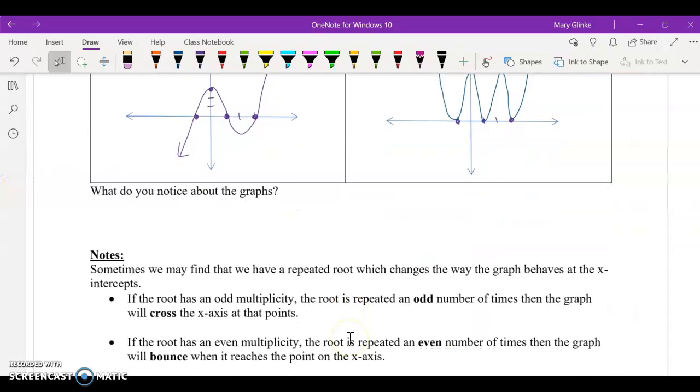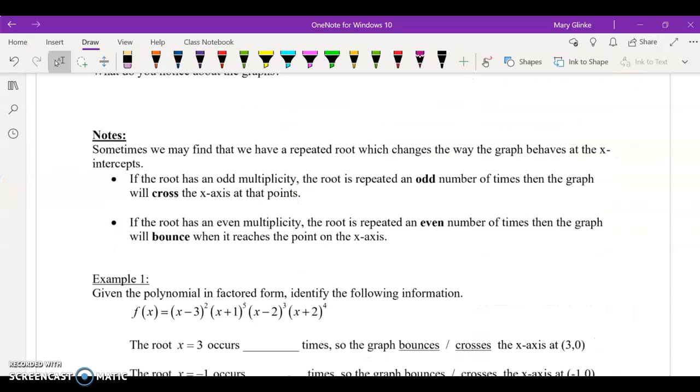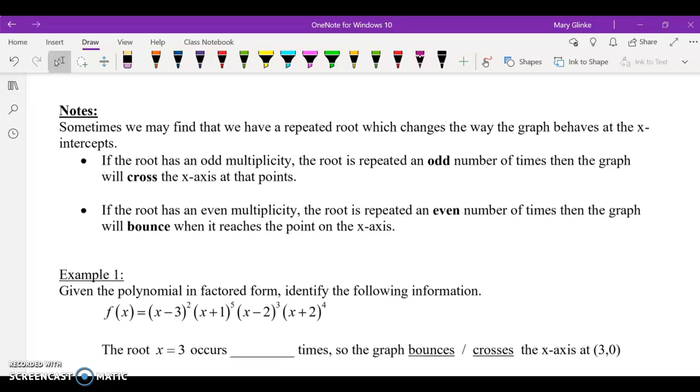What's happening here is the number of times the root occurs is going to change the way the graph looks. If something is repeated an odd number of times, so if this number up here is odd, you have an odd multiplicity, and the graph is going to cross the x-axis at whatever that number is, meaning it's going to go from above to below or vice versa.